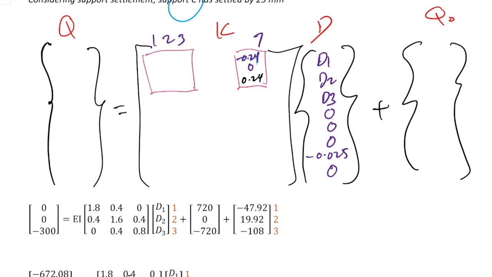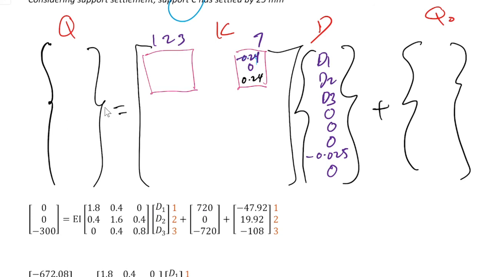Alright, so we will key in the values right now. We have a different equation, the new equation considering support settlement. So we use equation in calculator with 3 unknowns.